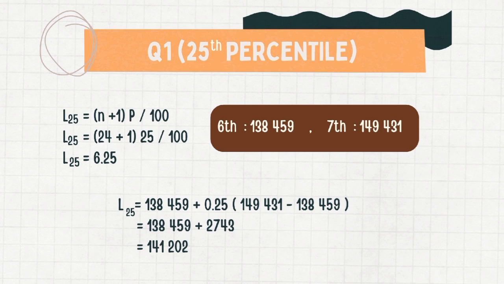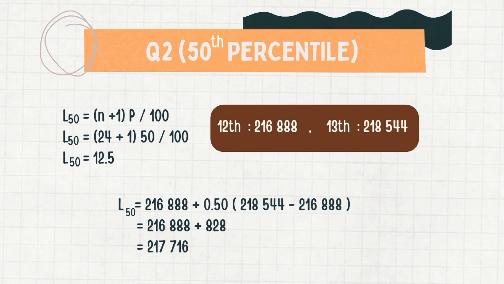The first thing we need to do is find the first quartile, and there is the formula given there. We follow the formula and we got the value 6.25, and we know 6.25 is between 6 and 7, and then we follow the formula and get the answer.